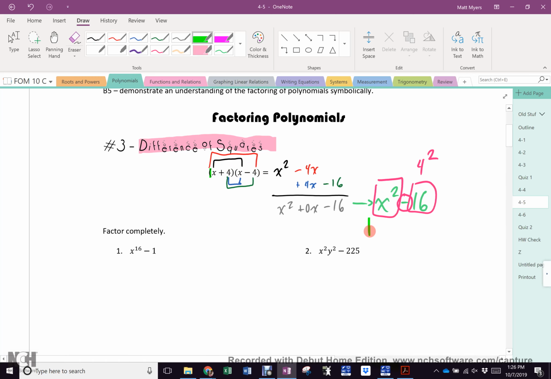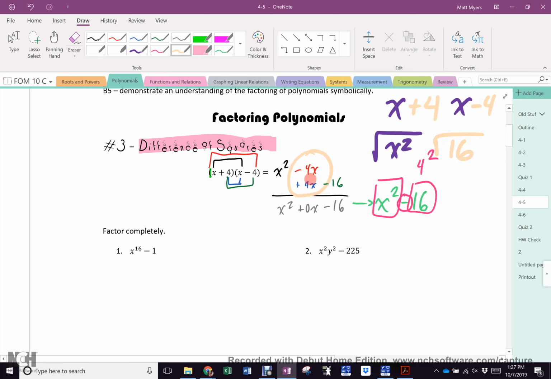So if I take the square root of x squared, what's the square root of x squared? X and x. And then I take the square root of 16, which is what? 4 and 4. And I make one positive and one negative. That positive and negative allows for this to happen.